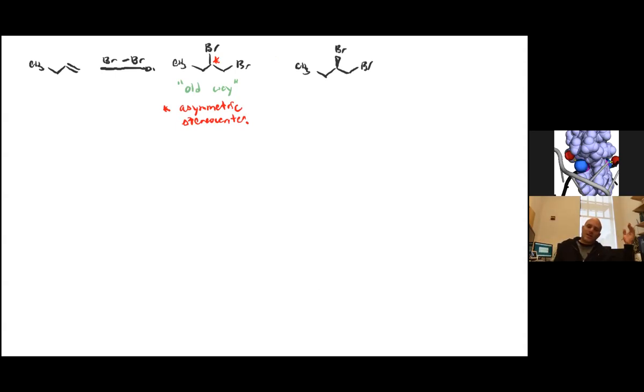And the question then is, what is the mixture in terms of the two configurations? Okay. And so the answer is that I get a one-to-one mixture. These two structures are enantiomers. And so I isolate a racemate.